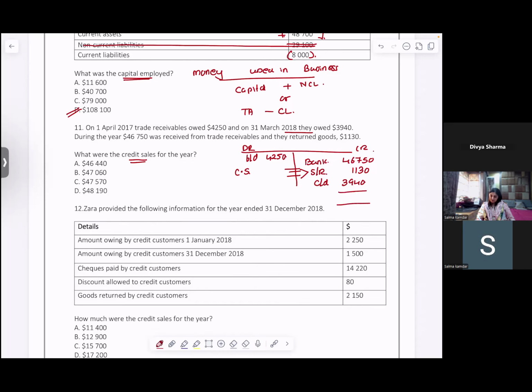So what is our credit sales? Our credit sales is 47,570. Did you do 46,750 plus 1,130 plus 3,940, which is 51,820, minus 4,250, 47,570?